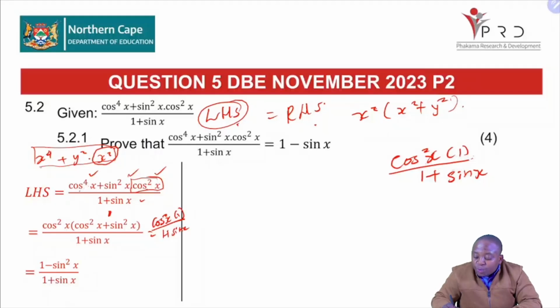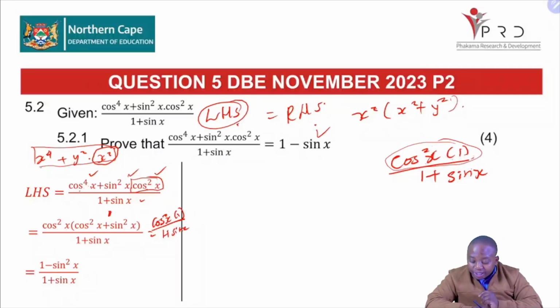So in this case, we are going to either convert one of the ratios to be sine or one of them to become cos. So they must be the same ratio. But then how do I decide where I am going to go? You can just look at the right-hand side and say, okay, my right-hand side is going to guide me. Then I am going to convert my cos squared x into a sine, so that I can work with a single trig ratio, which is now sine.